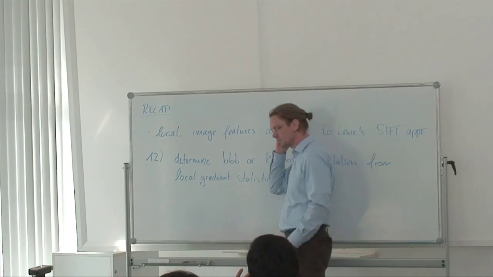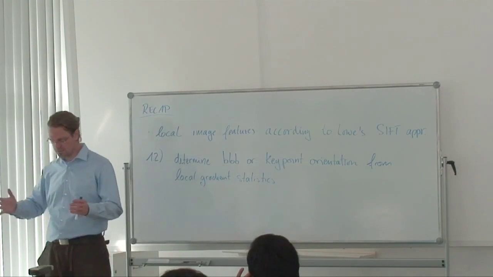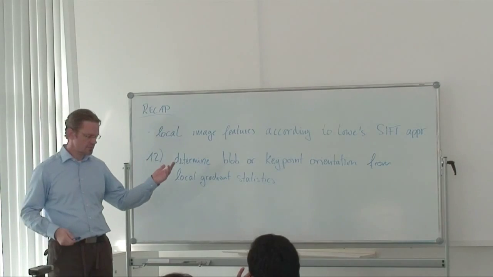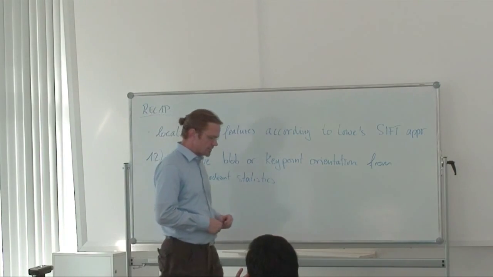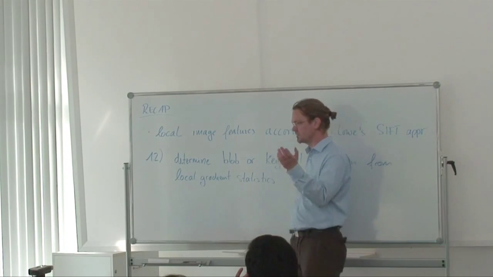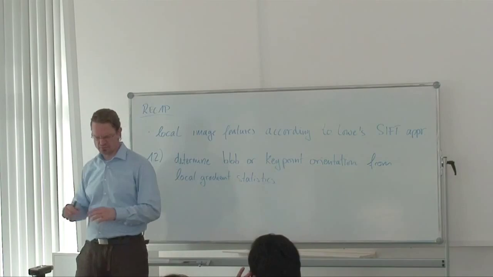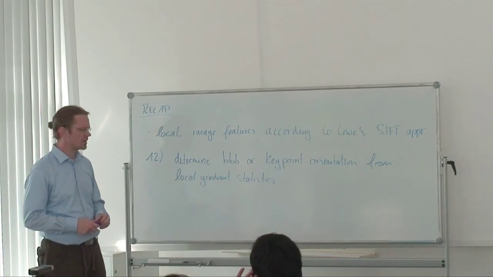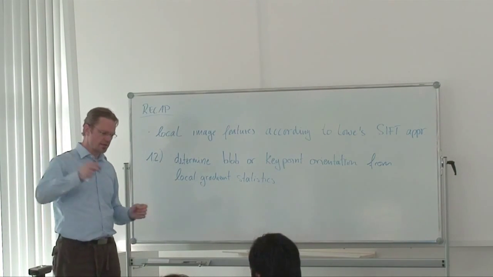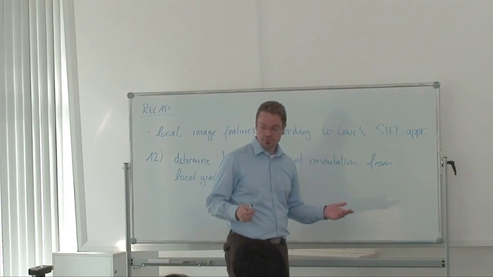We just count orientations. They are of course binned into, what was this, 36 bins, and we count how often an orientation between, say, an angle of 20 and 30 degrees occurs within this neighborhood. These counts are weighted by the length of the corresponding gradients, and we end up with a histogram.